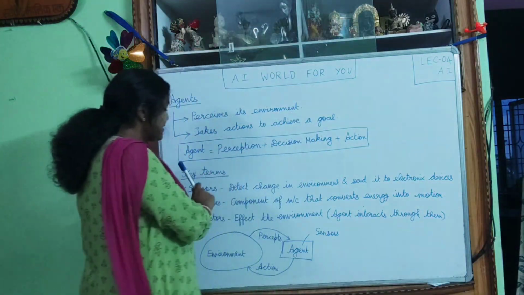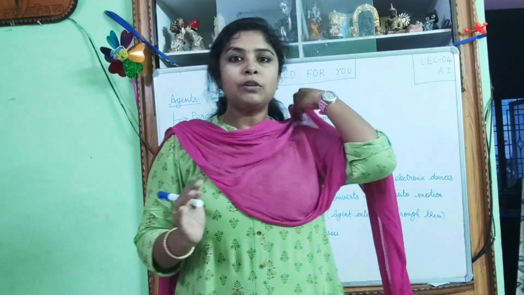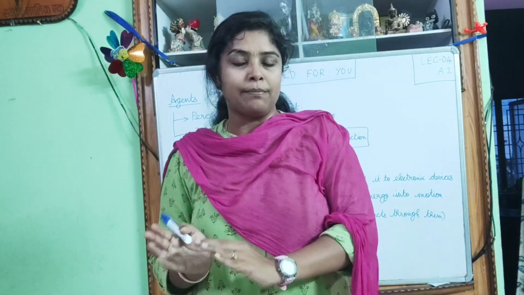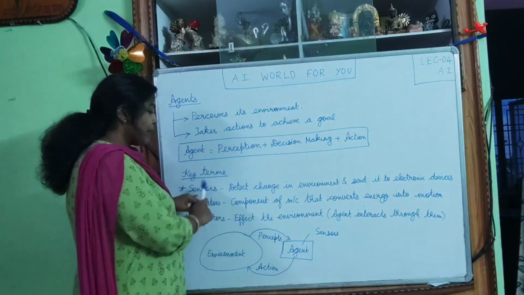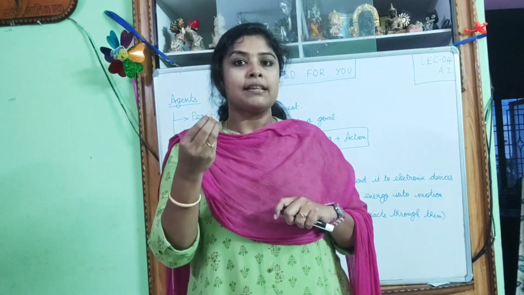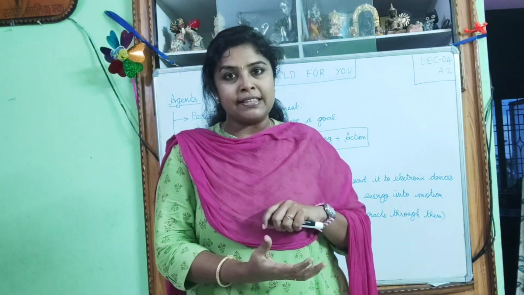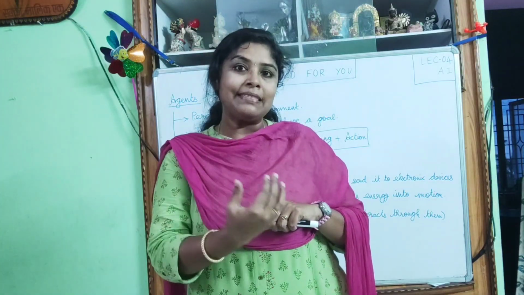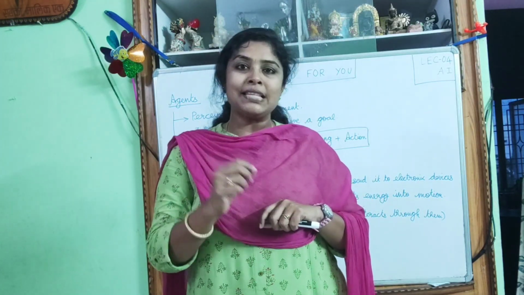So next, let us see some of the key terms involved in this concept of agents and environment. The first one we are going to see is sensors. Now I told about the sense organs. For a human we have sensors like eyes, we have our nose. But for machines we are going to make them observe the changes from the environment through sensors.